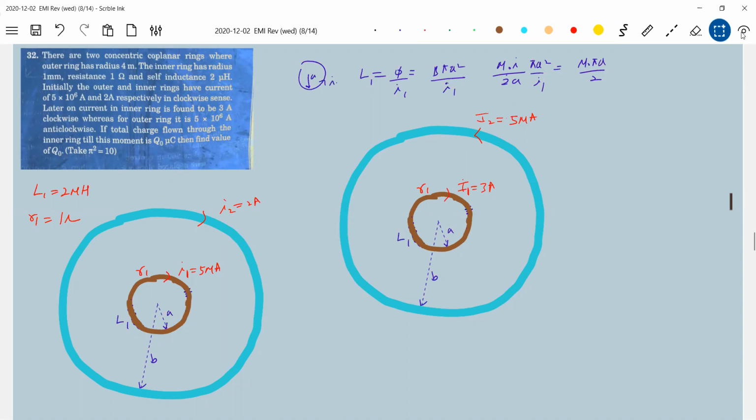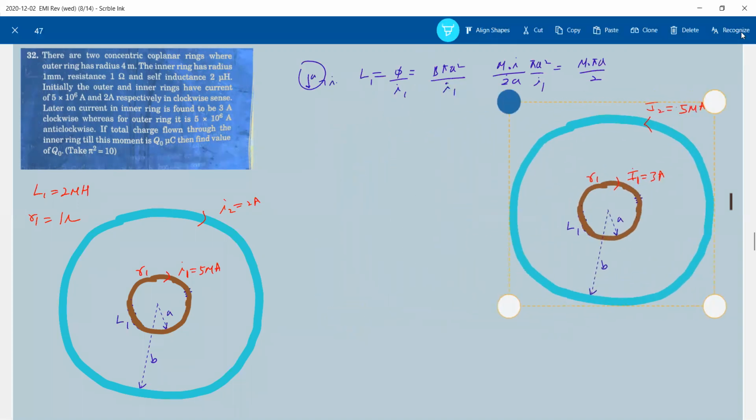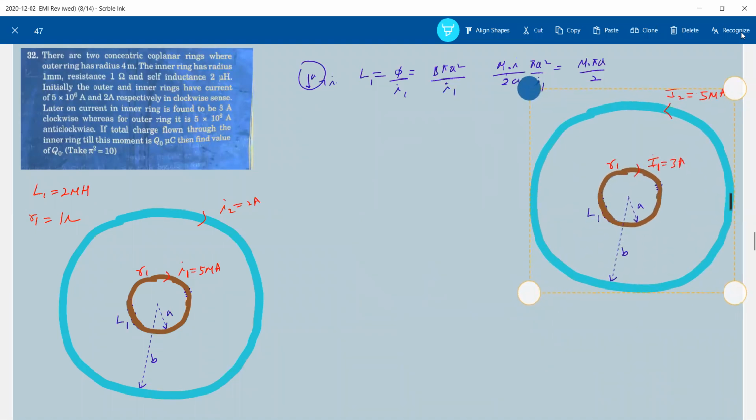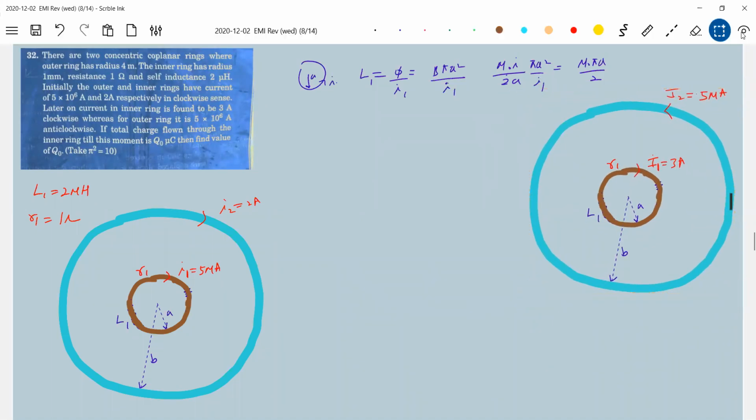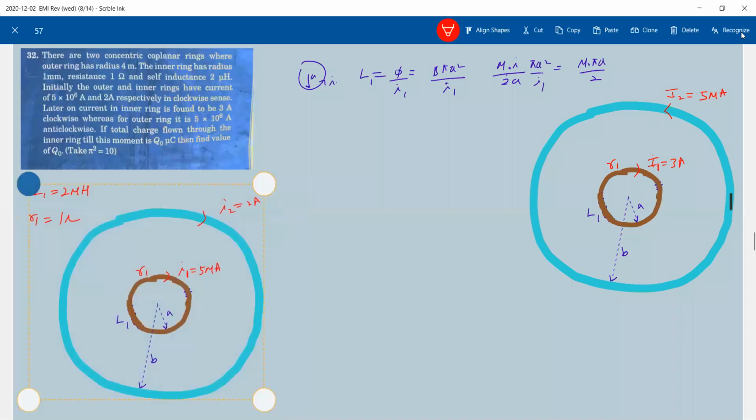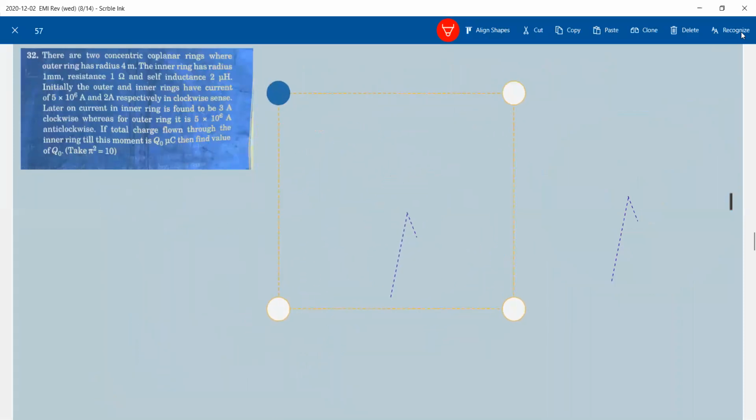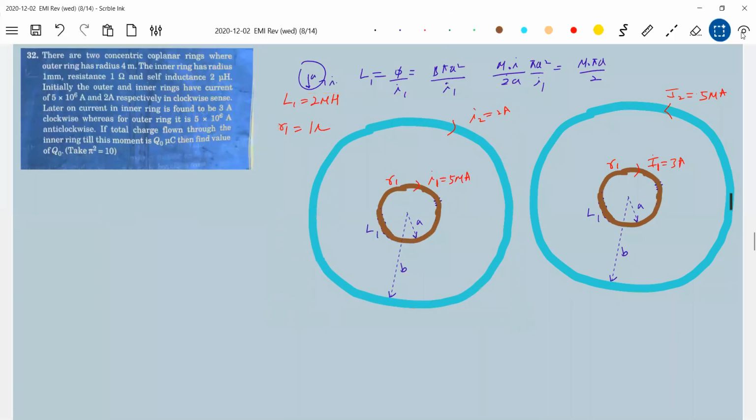I will push everything to one side so that we get writing space. So this is later on. This is initial. Okay, this is the initial. Initially, the inner ring has 2 ampere.